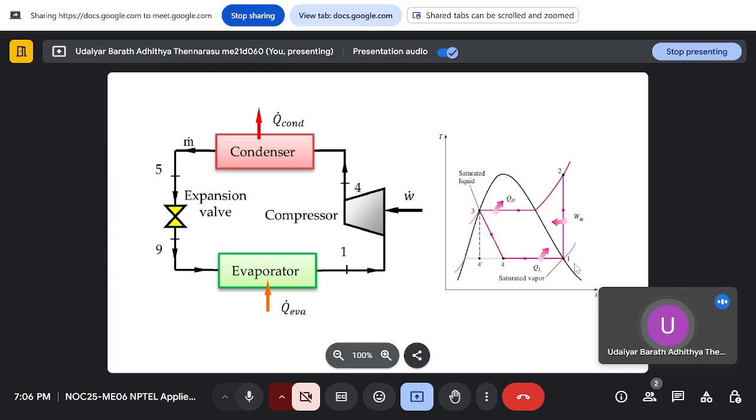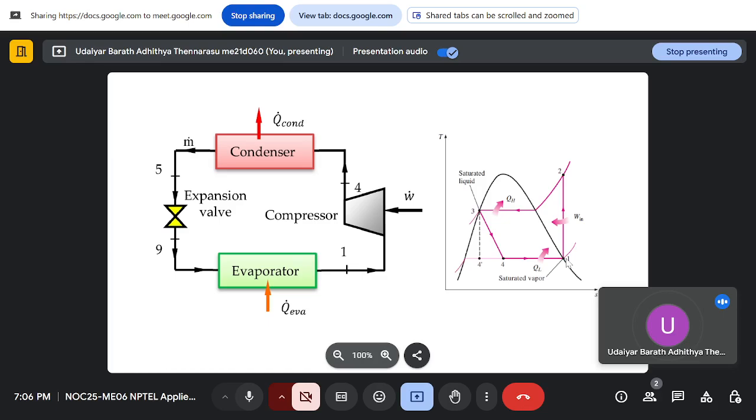So now you have an isentropic compression, a constant pressure heat rejection, then an isenthalpic process, and then constant pressure heat addition. This is how a vapor compression system works, and this is how the system looks. We have a compressor, then a condenser where heat is rejected, then an expansion valve, and then an evaporator, and back to the compressor.